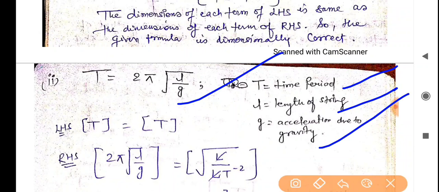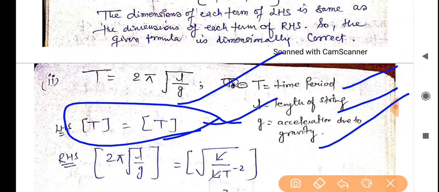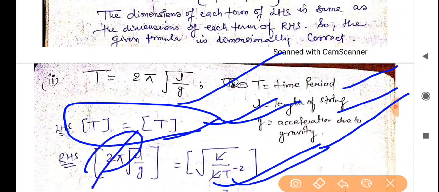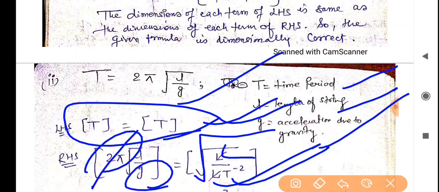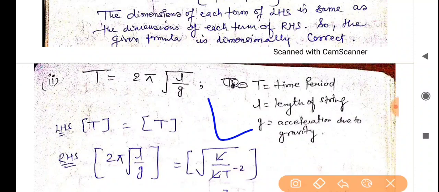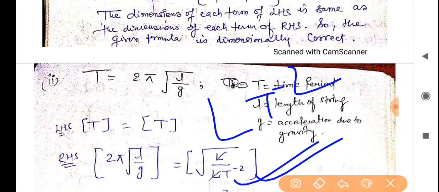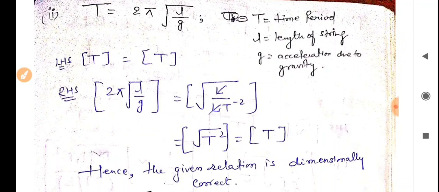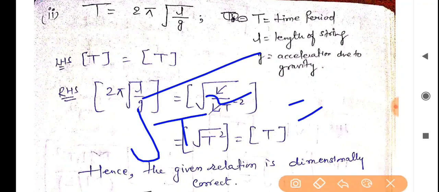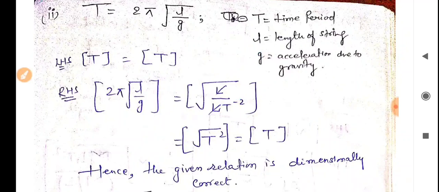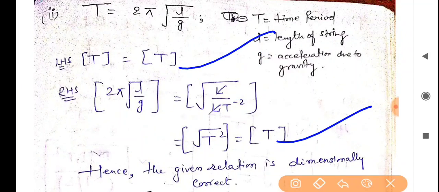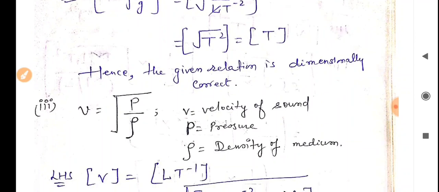In the LHS we have time period, so the dimension is T. In the right hand side, 2 pi is a constant, which is dimensionless, so we take the square root of L for length, and g is acceleration due to gravity, and acceleration has the dimension LT^-2, so in the denominator you have to write LT^-2. L cancels out, and here we get T square under root, which will give you T. So we see that the dimensions of LHS and RHS are equal, hence the given relation is dimensionally correct.